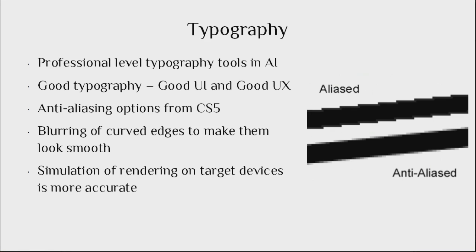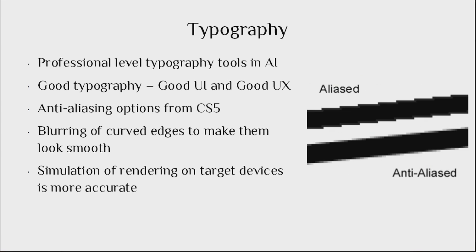What this means is that if you look at the image on the right, you can see there are two things, aliased and anti-aliased. Aliased has jagged lines, so the lines are really sharp, which generally creates an eerie look, and it doesn't create a good feel when you look at it.